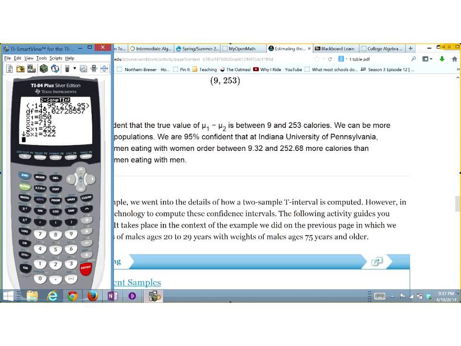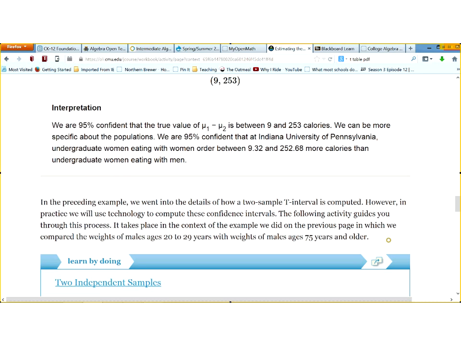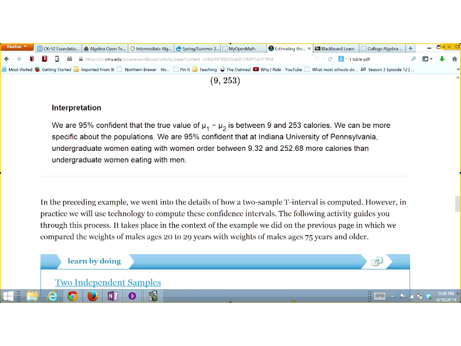So it's about the difference in the means, and they don't actually mention that in that statement. All right.